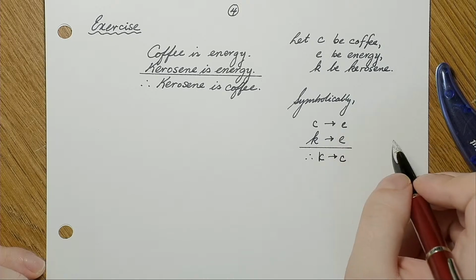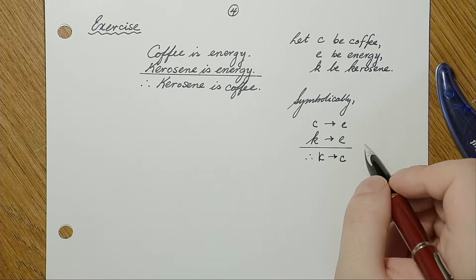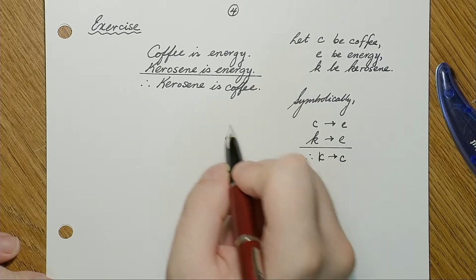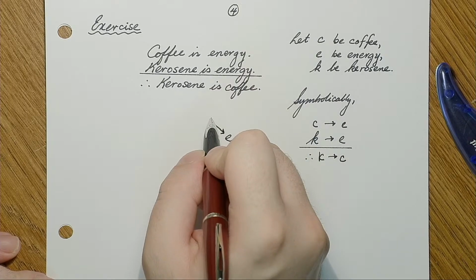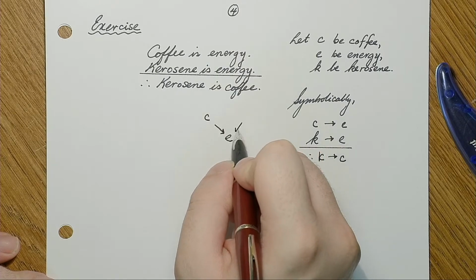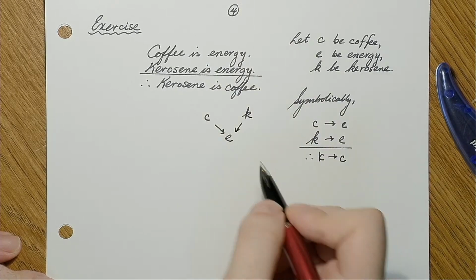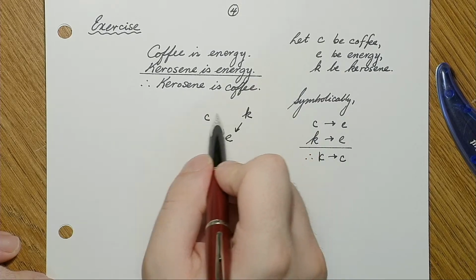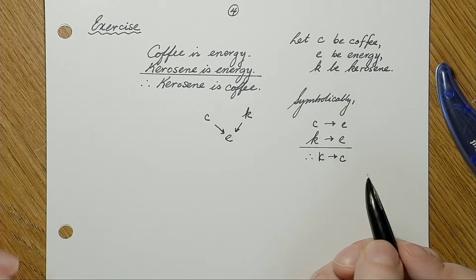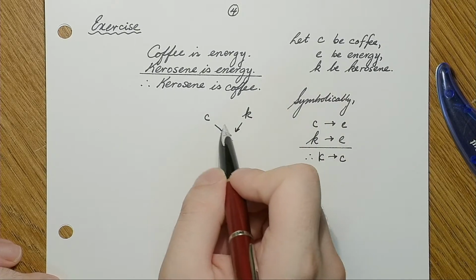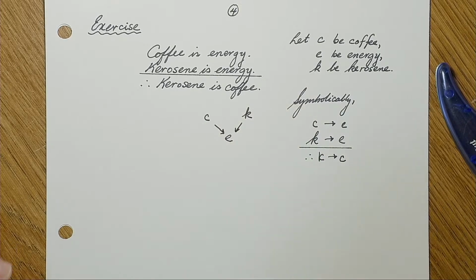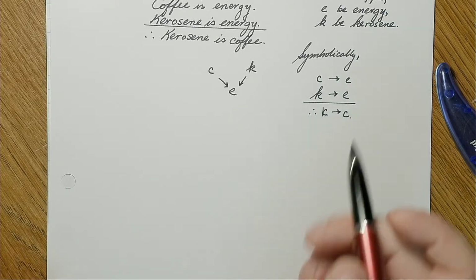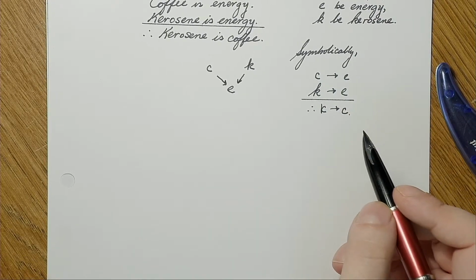And this is just not true. There's no link. We said that coffee is energy, we have kerosene as energy, but there is no link. You cannot just draw an implication from K to C this way. In the way that we have structured this argument, you can't assert this. So you already have a feeling that this is probably not going to be a valid argument.